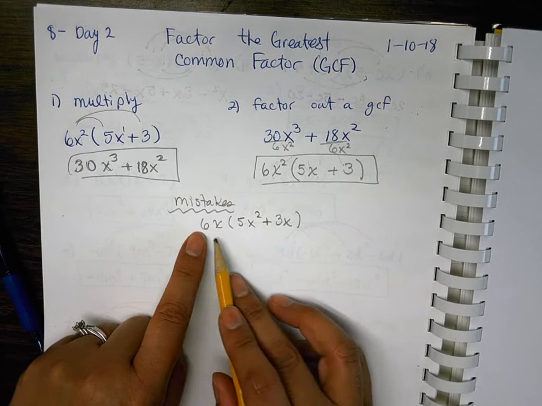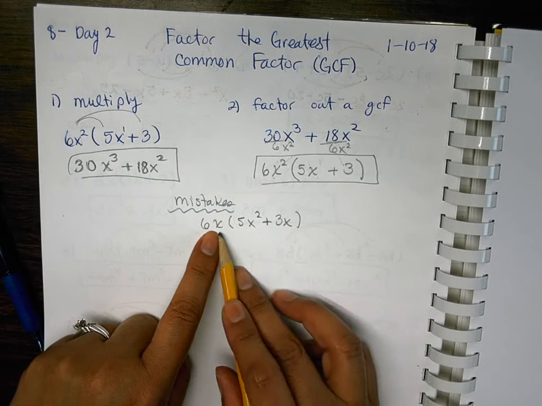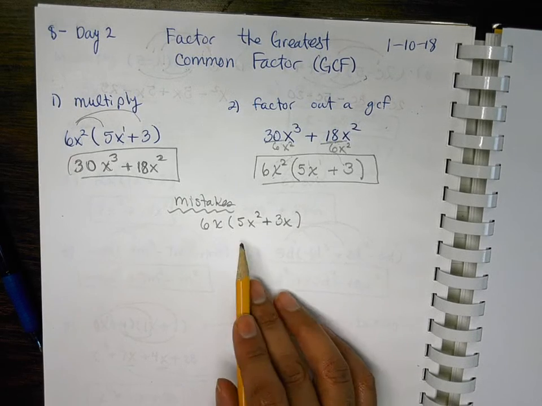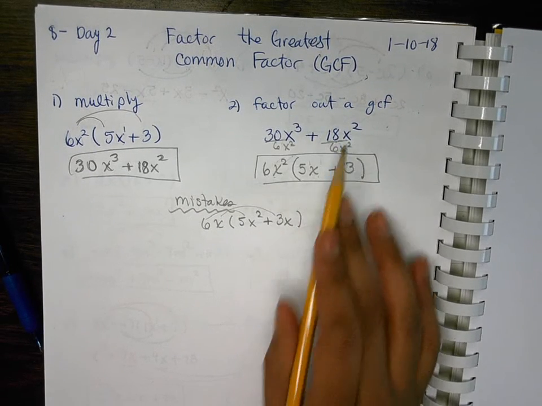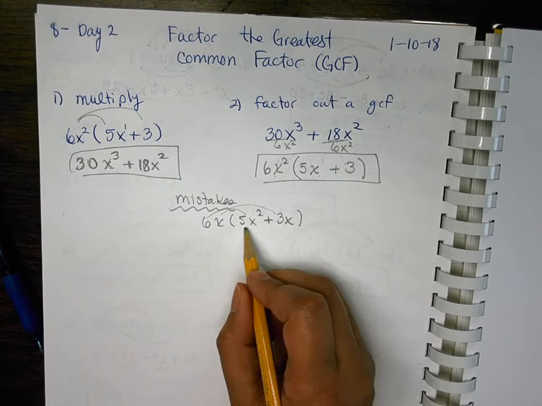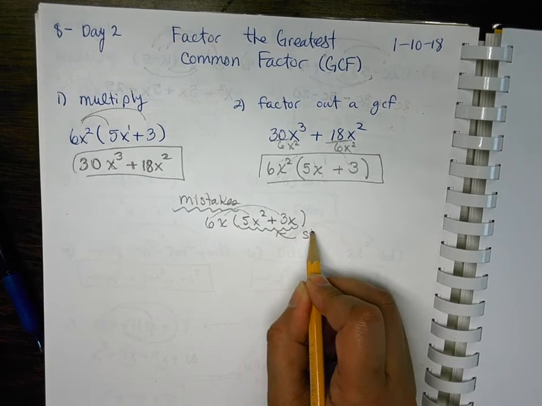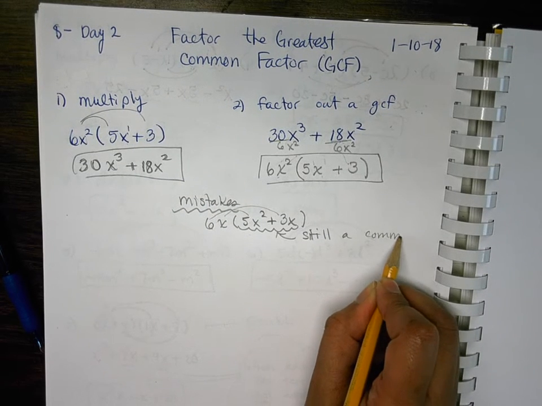Is 6 times 3, 18? And x times x, x squared. Then why is this wrong? If I distribute, like I said, and I get the original problem, why is this wrong? Because there's still a what in here? There's still a common factor. Good job. Still a common factor.